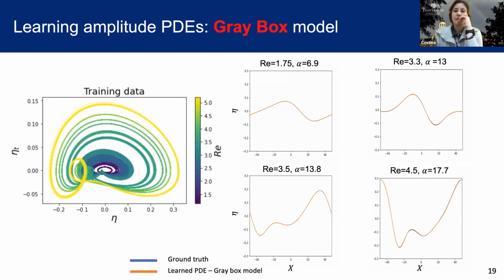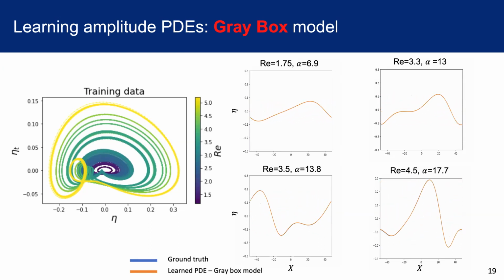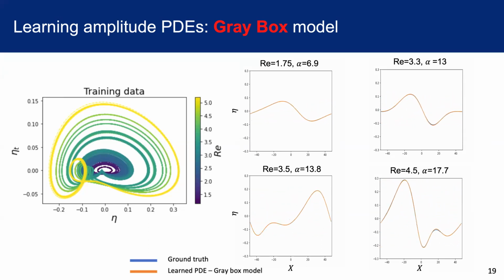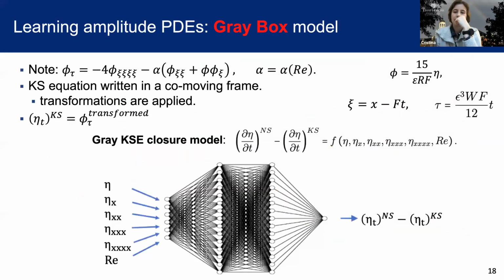Again, we have good predictions. Excuse me, quick question. This is Panos from Pacific Northwest National Lab. Can you go to the previous slide? We know that the KS equation has terms up to the fourth order, right? So if you want your correction, why do you keep it only up to fourth order?